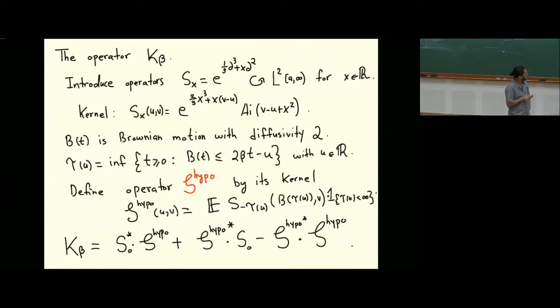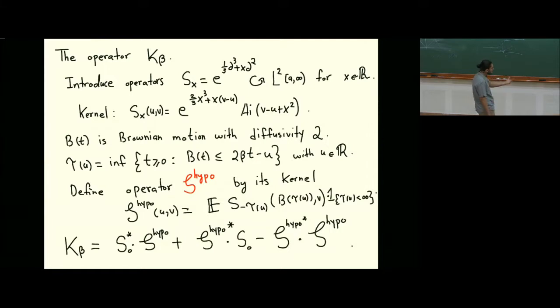You fix the number a here. They act on L2 of an infinite interval, but it's cut off to the left, so not on L2 of R. These operators explicitly are given by the exponential of 1/3 derivative cubed plus x derivative squared. It's simple in that form, but they also have integral kernels given in terms of Airy functions multiplied by some exponential.